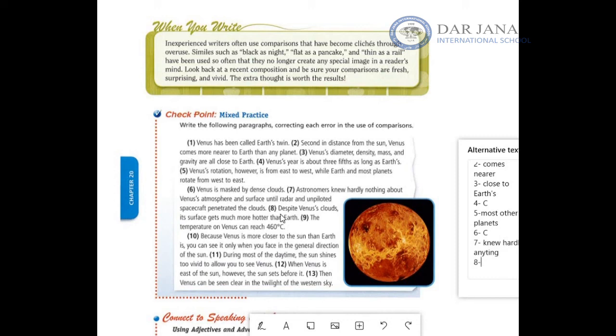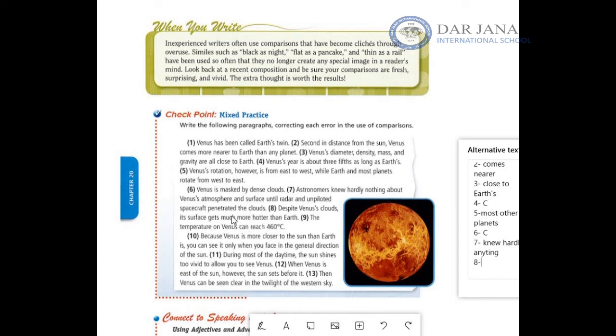Sentence 8. Despite Venus's clouds, its surface gets much more hotter than Earth. The mistake here is in the use of double comparison. Much more hotter. More and hotter. We know that hotter is a monosyllabic adjective. It's just one syllable, and the comparison is formed by adding er to the adjective.